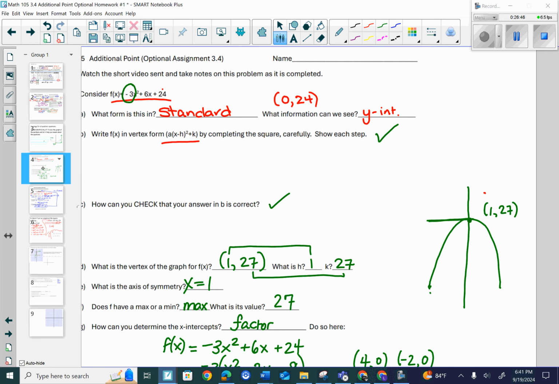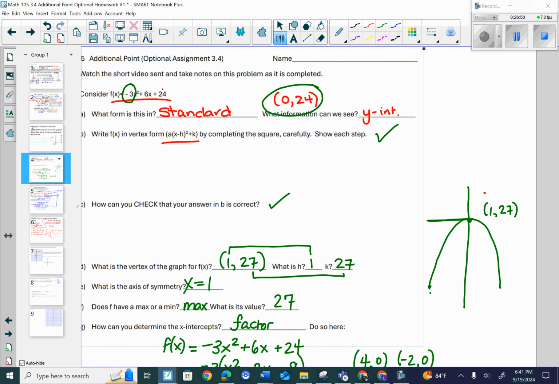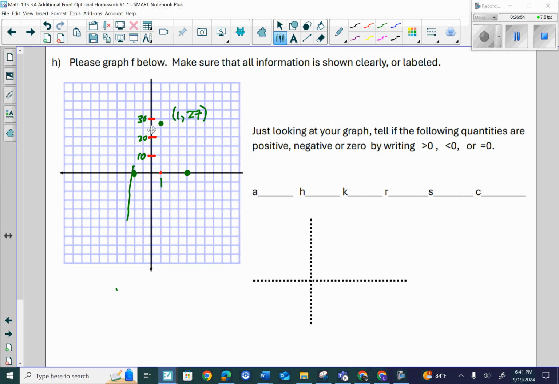Did I find it? Yes, 0, 24. So right about there, just under 25. And I'll label it 24. Okay, so that's my complete graph.